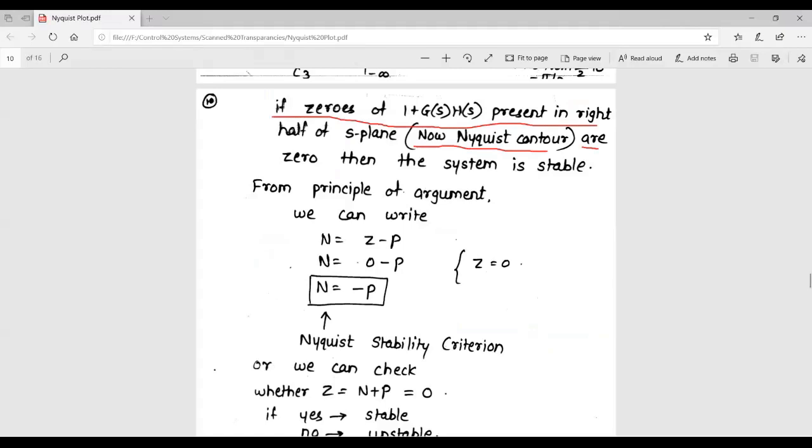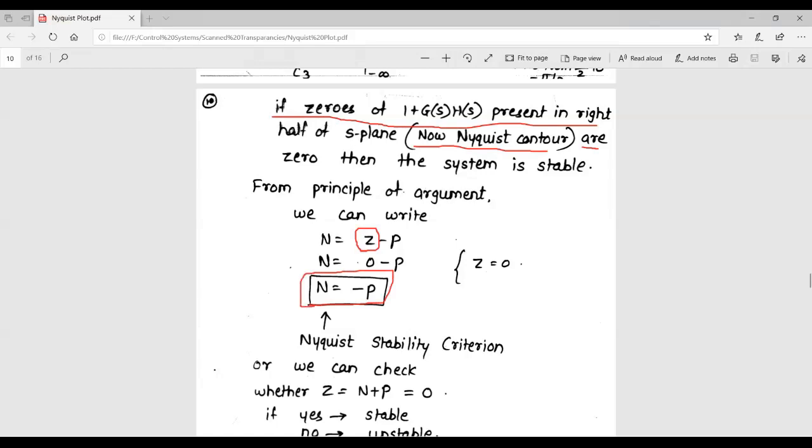We have always seen that zeros of 1 plus GSHS are nothing but closed loop poles. So if a zero of 1 plus GSHS lies in the right half, the system is unstable. But if no zero of 1 plus GSHS lies in the right half of the S-plane, the system will be stable. So as per our mapping theorem, the value of Z must be equal to 0. If you substitute 0, we get the equation n is equal to minus p, and this is called the Nyquist stability criteria.